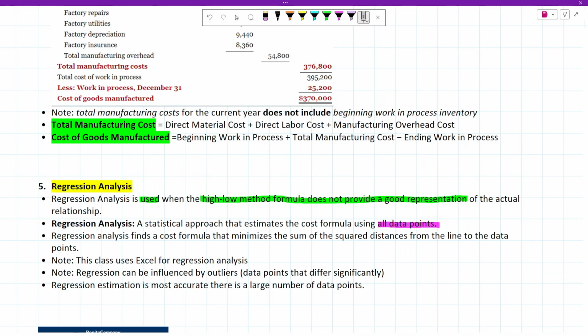Regression estimation is most accurate the more data points you have. So let's say if we only have 10 data points, it may be a good amount, but if we have, let's say, 100, it's even more accurate than 10 since it includes more numbers and it has more data for considering outliers. I'll show you guys an example right now.